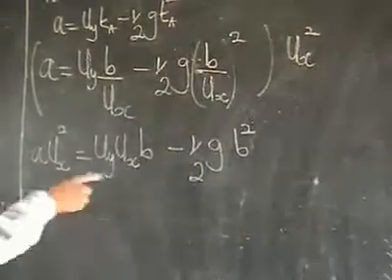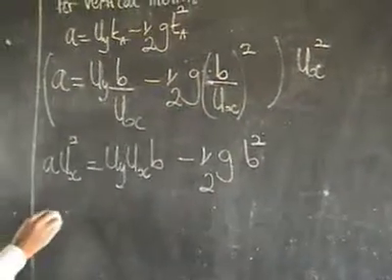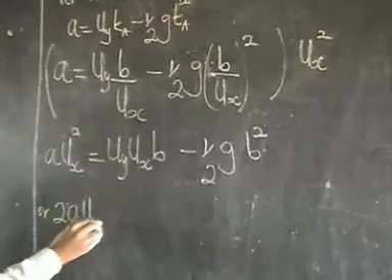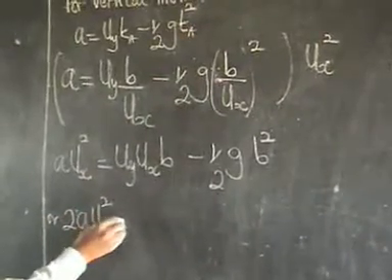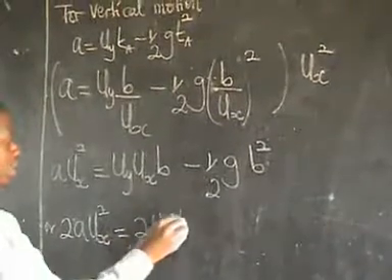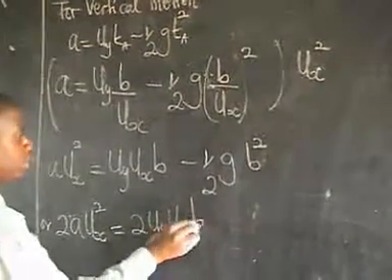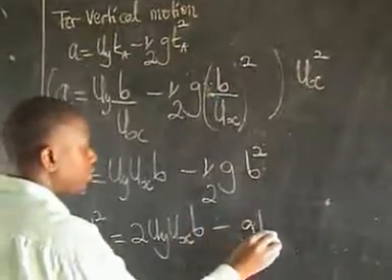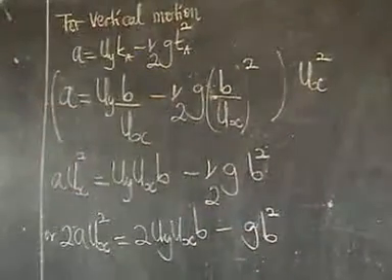You can even multiply by 2, or 2a ux squared is equal to twice uy ux b minus g b squared.